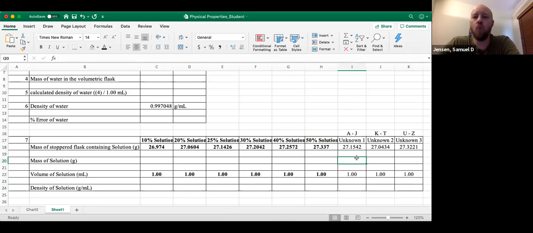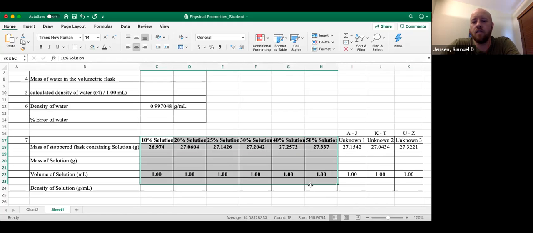So there is no way that you can functionally graph the unknown. The unknown should not appear on your calibration curve. I do not want to see some random other data points show up on your graph. The 10 to 50% solutions are the only thing that should be on your graph.